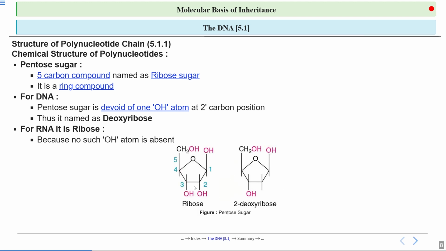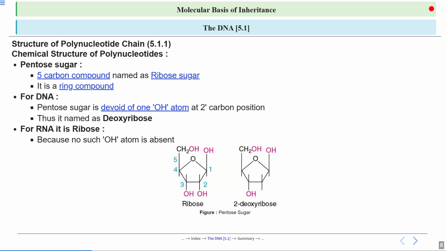So this is how the pentose sugar looks. For ribose, you can see at this 2' position there is a presence of an OH group. But if you look at this deoxyribose, 2-deoxyribose, there is no OH group present at the 2' carbon position.